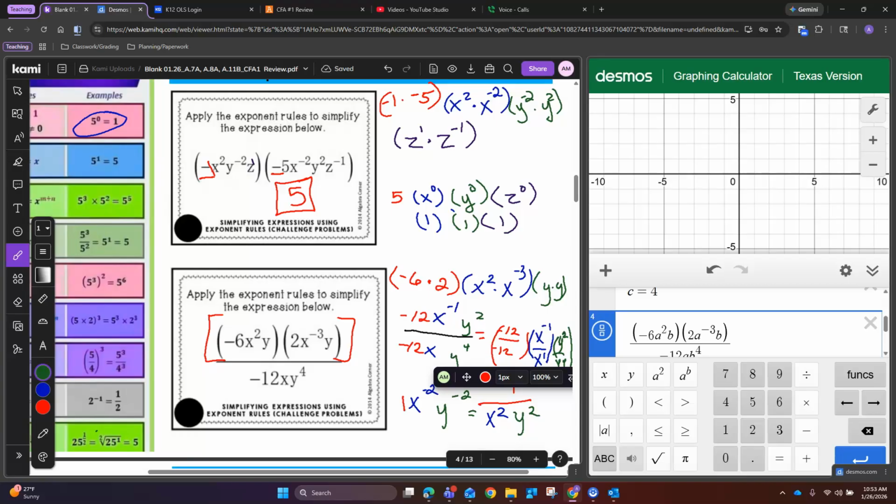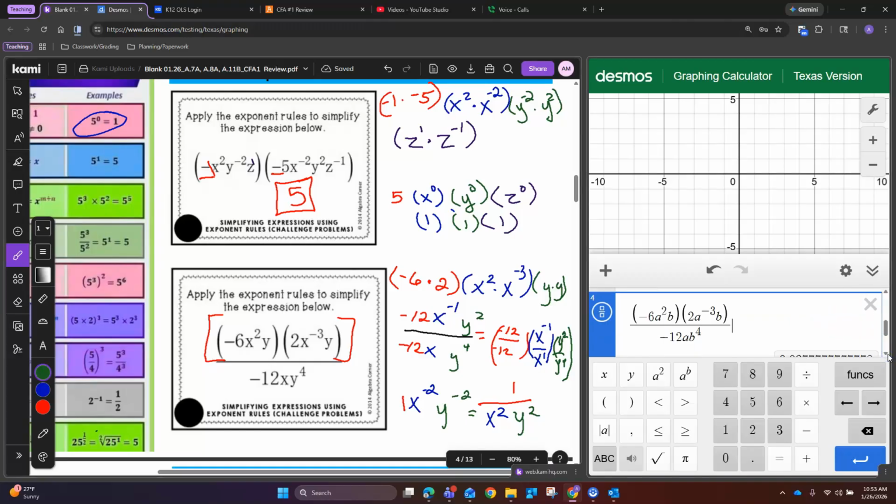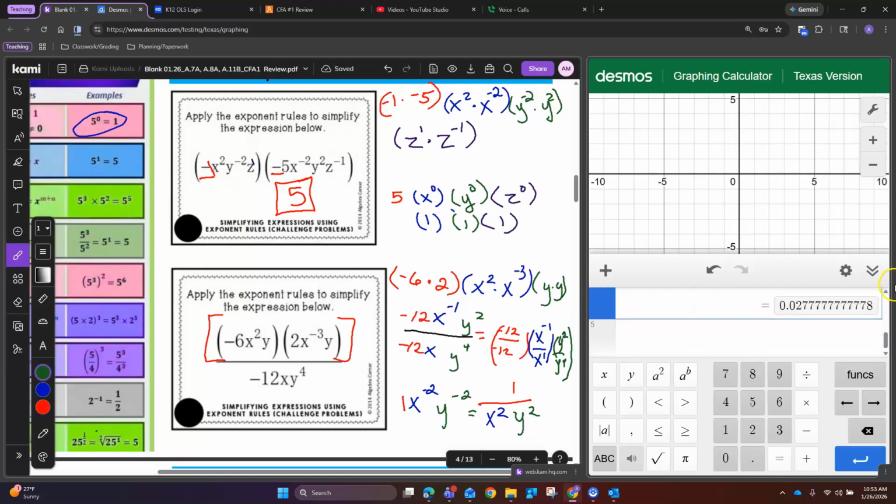All right. And so again, if we change those to A's and B's, we can see that if we put the original expression into Desmos, negative x a squared b times 2 a to the negative 3b, all divided by negative 12ab to the fourth, we get 0.0277777777778.